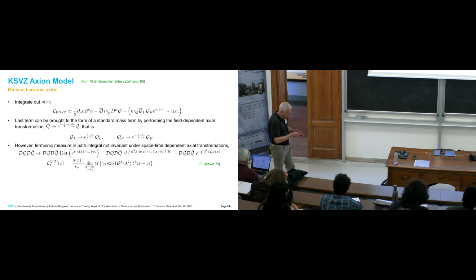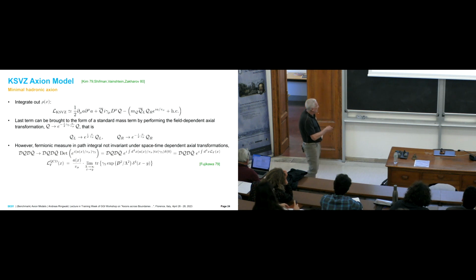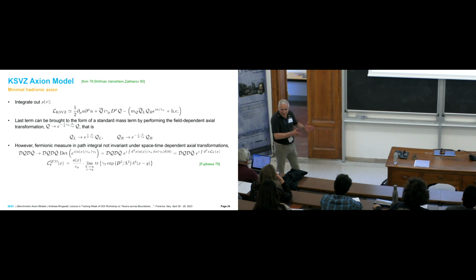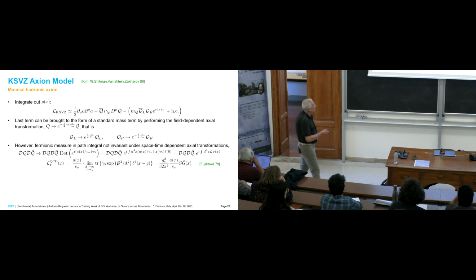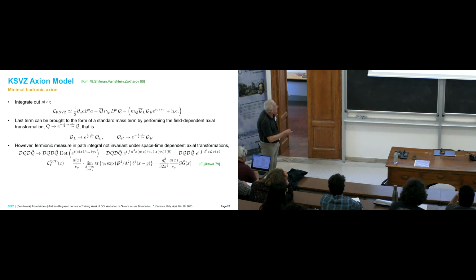Also, you resolve the delta function of 0 by a point splitting, and he has shown that the result of this calculation ends up in this formula, gs squared over 32 pi squared a of x. So this gives essentially gs squared over 32 pi squared chi dual.